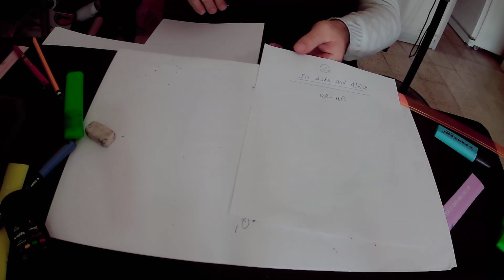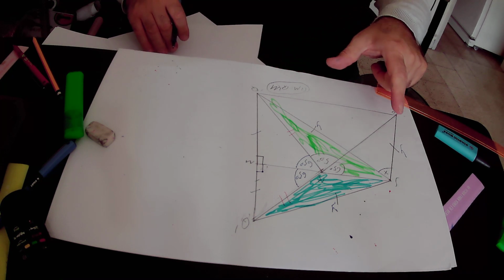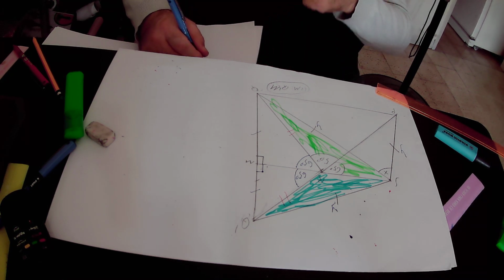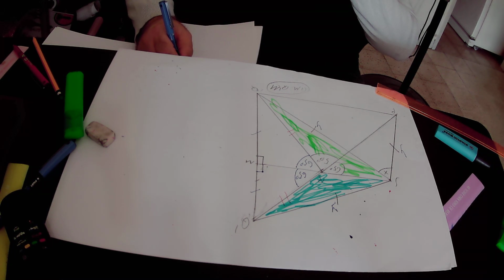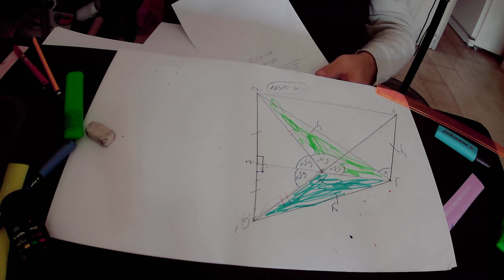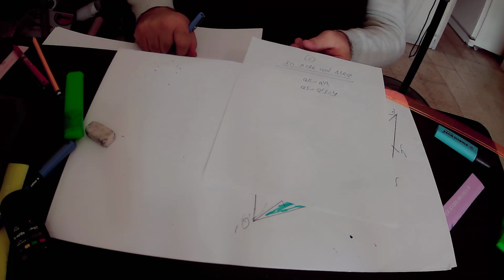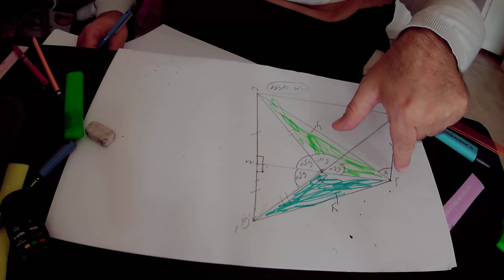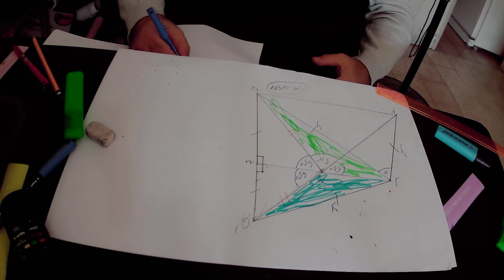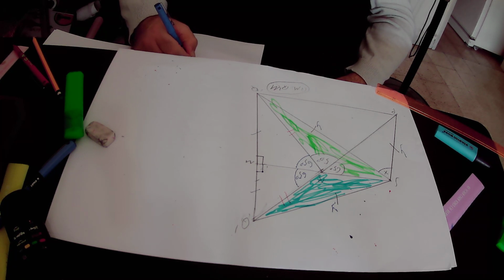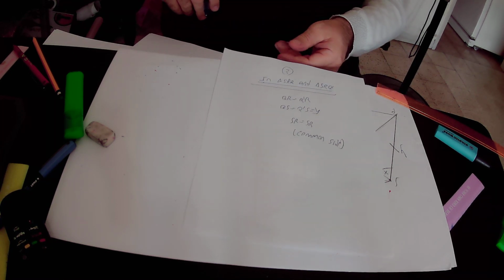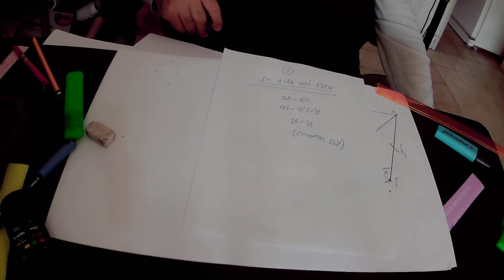We also proved that QS is equal to Q dash S, and they are both equal to Y. And SR is a common side, it belongs to both triangles, so SR equals SR.